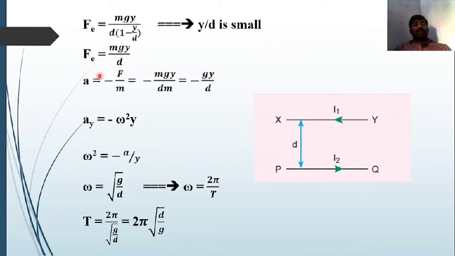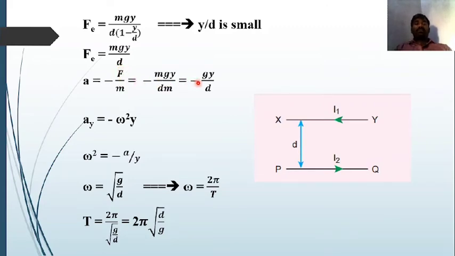Now we compare these equations with Newton's second law of motion, F is equal to ma. Here the force acts in the opposite direction of the oscillation of this wire. So we write a is equal to minus F upon m. Now we plug in the value of force.